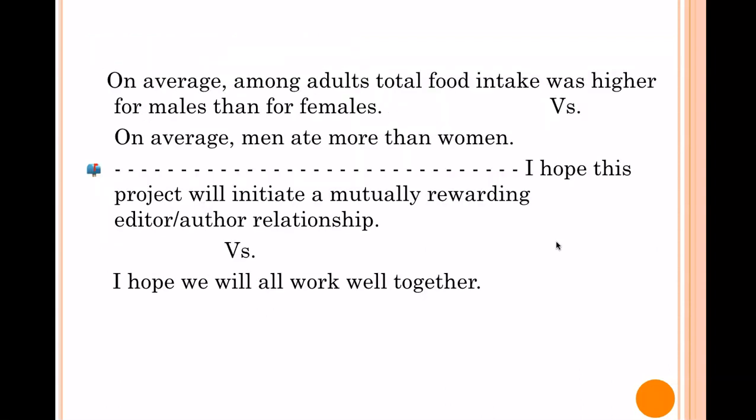"On an average, among adults, total food intake was higher for men than for women" can be better written as "on average men ate more than women." Similarly, you can improve your writing.